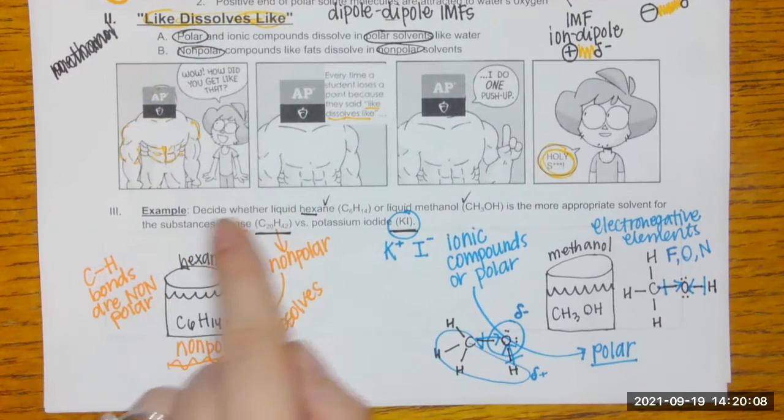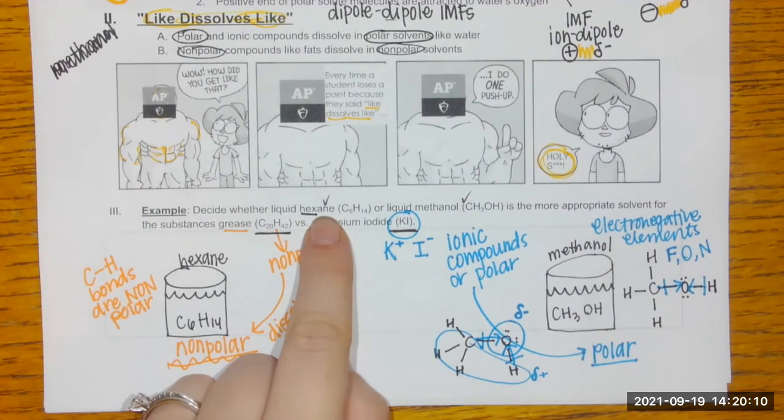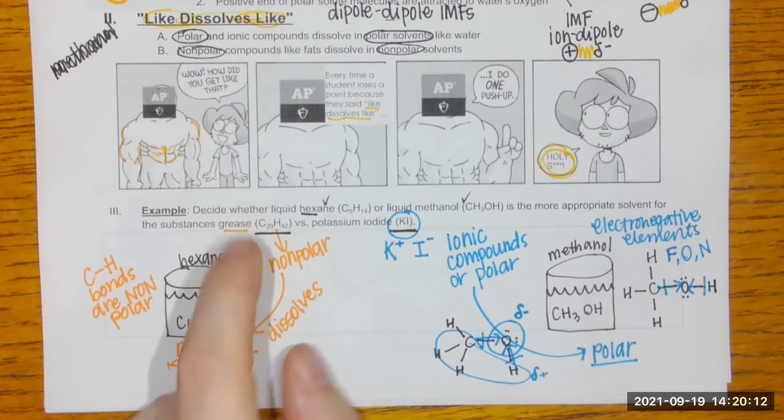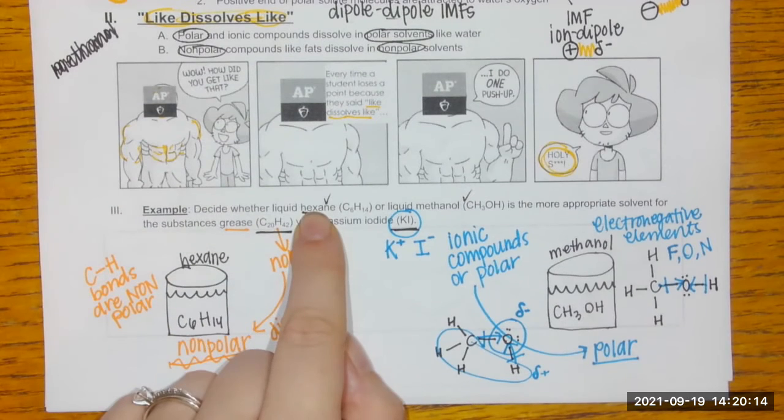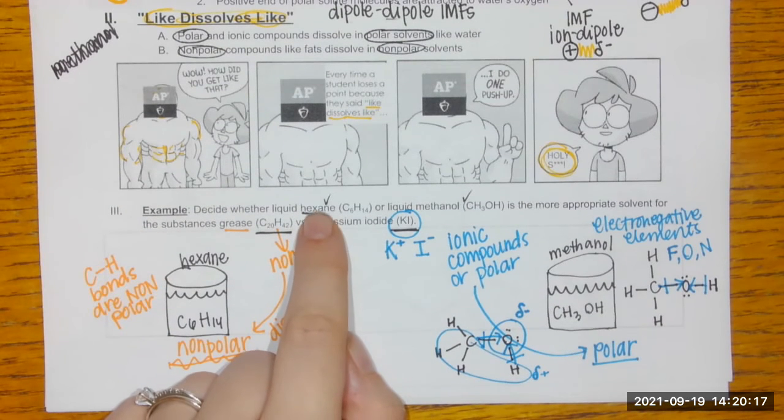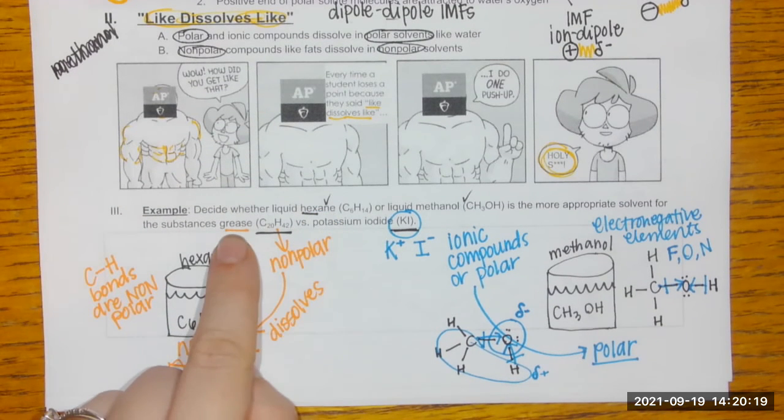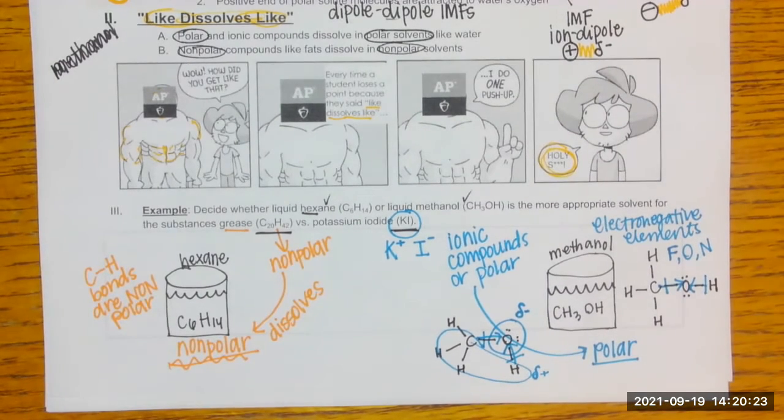So on this question down here, if you put for your answer, hexane dissolves grease because like dissolves like, you would miss a point. You're not wrong, but you didn't actually explain what was going on. You just tried to use some cool catchphrase.